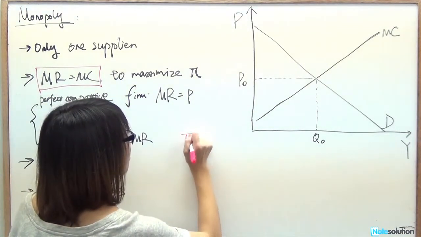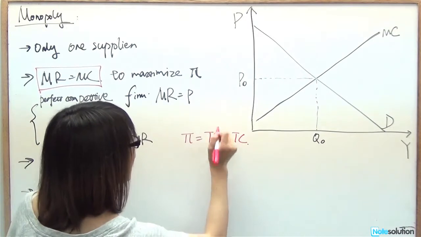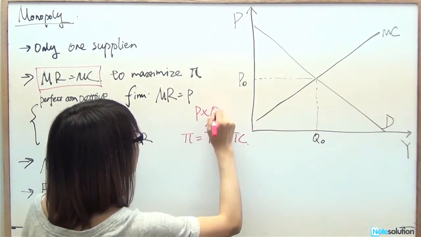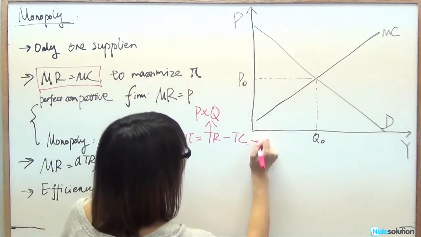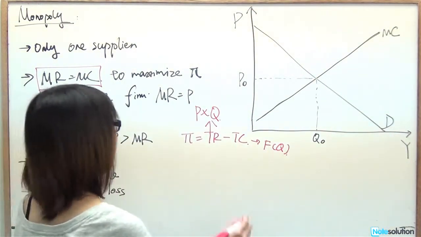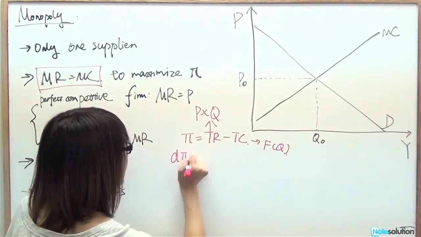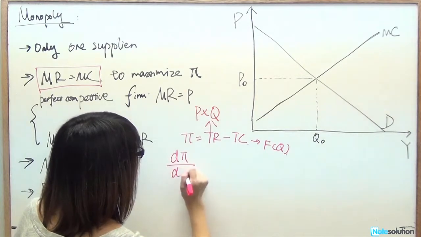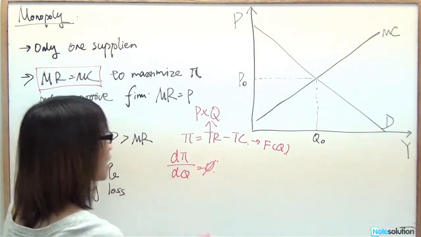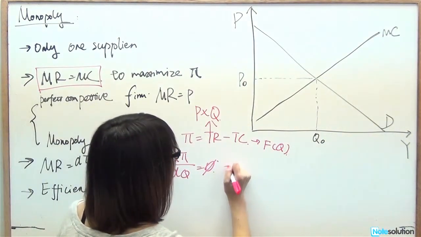As we know, profit is equal to total revenue minus total cost, and total revenue is equal to P multiplied by Q, while the total cost is a function of Q. So to get the maximum profit, we set d pi over dq equal to 0 and solve for the q that will maximize our profit.